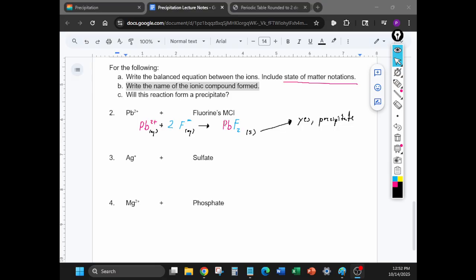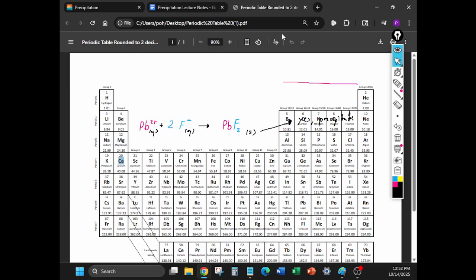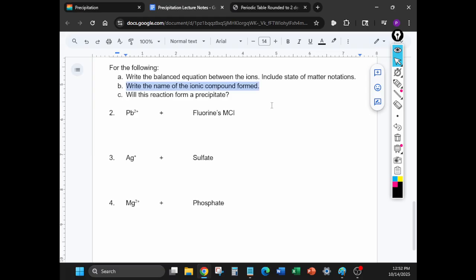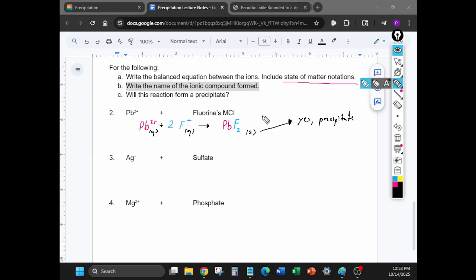Okay, so for the name, we got PbF2. We have to look at the periodic table for Pb and F. If you take a look, Pb is right over here. It is lead. So we're going to write that Pb is lead. Now, Pb does not follow the monatomic ion rule, so we have to add the parentheses with the charge.